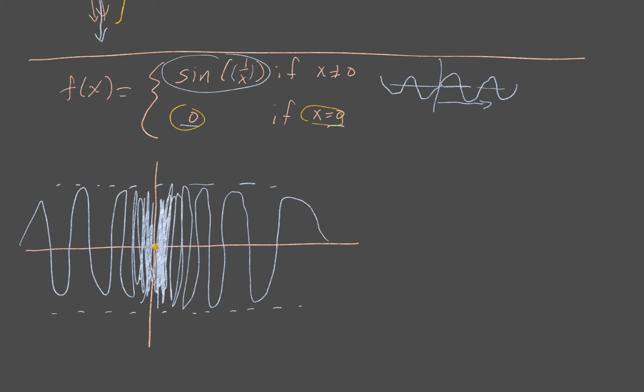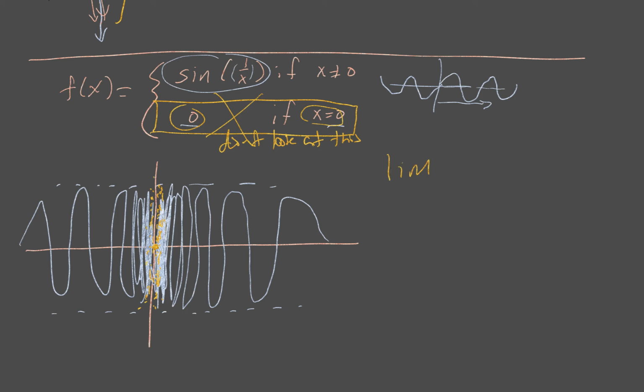If I was trying to follow a point on this curve as we were getting closer and closer to 0, it would just start jumping up and down all over the place, right? And it's going up and down so fast, it's not actually approaching anything, right? And remember, we don't look at what's happening specifically at the point. We want to know what's happening around the point where I would be taking the limit.